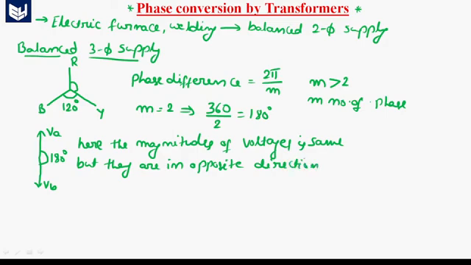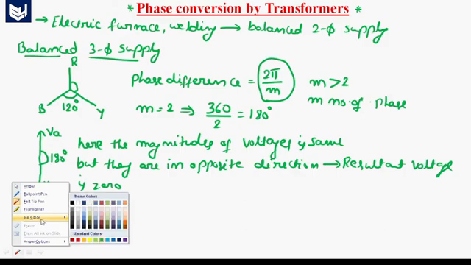Means the resultant voltage will be 0. So they are in equal magnitude, but they are in opposite direction, means resultant voltage is 0. So this formula is not valid for two-phase supply.